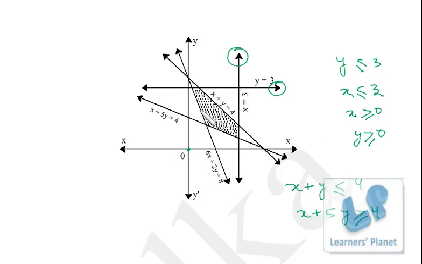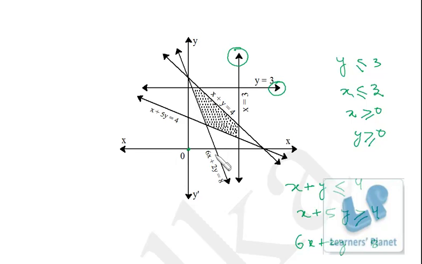Then we have the line 6x plus 2y is equal to 8, right? Left hand side of this line will be 6x plus 2y less than 8 and right hand side of this line will be 6x plus 2y greater than 8. So our shaded region is lying on the right hand side of this line.